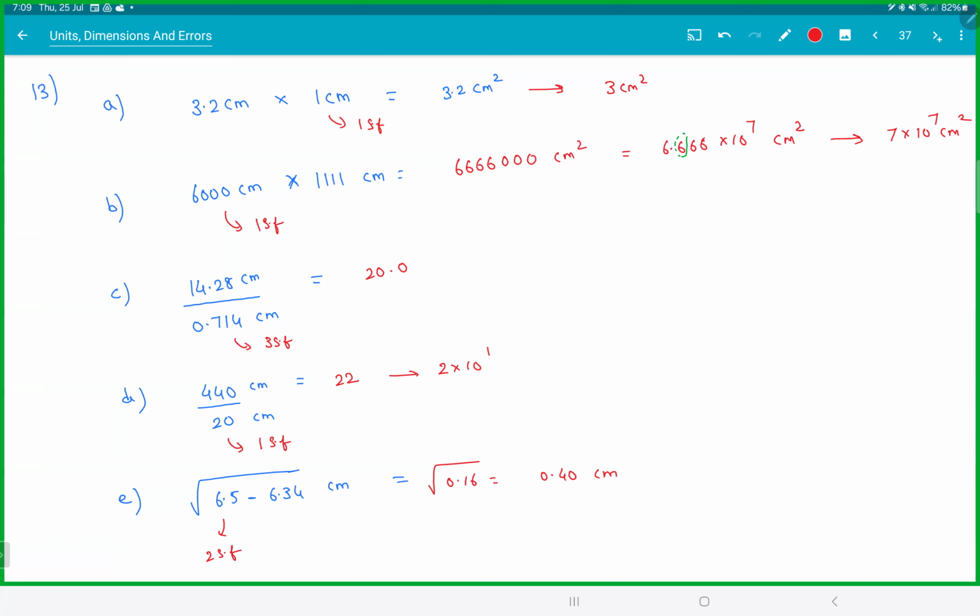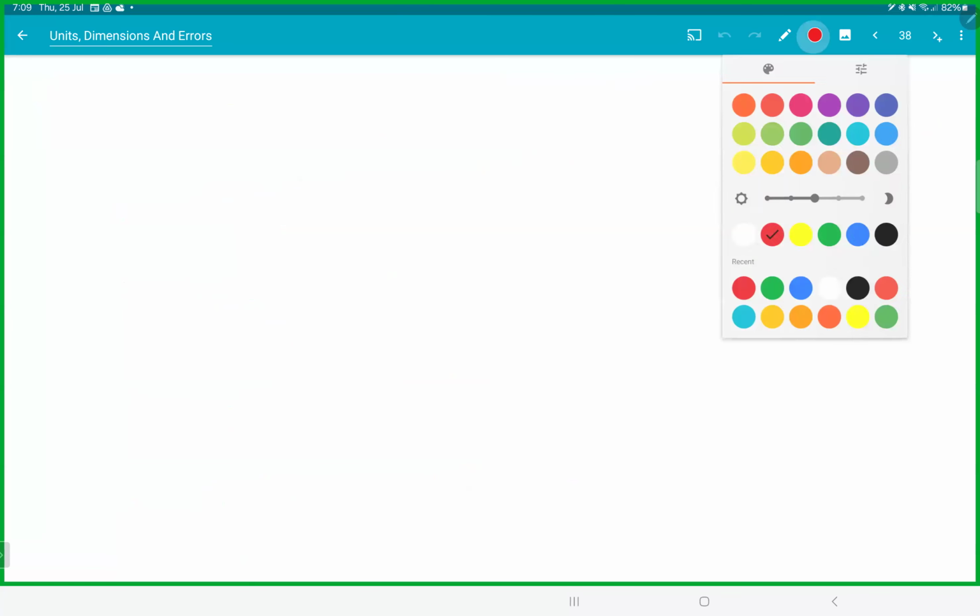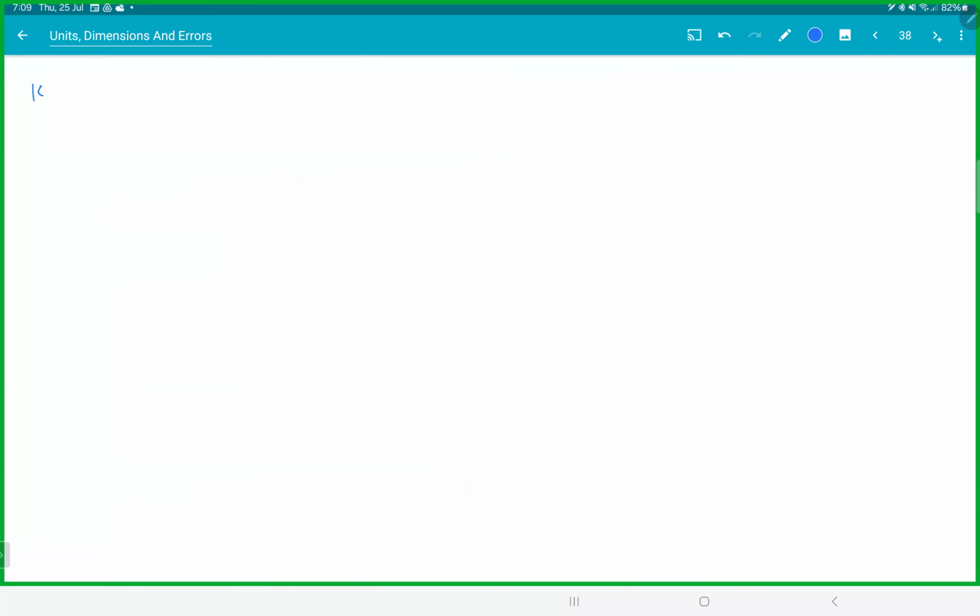Next one. Next thing. Length of a rectangle 4.32 centimeters.